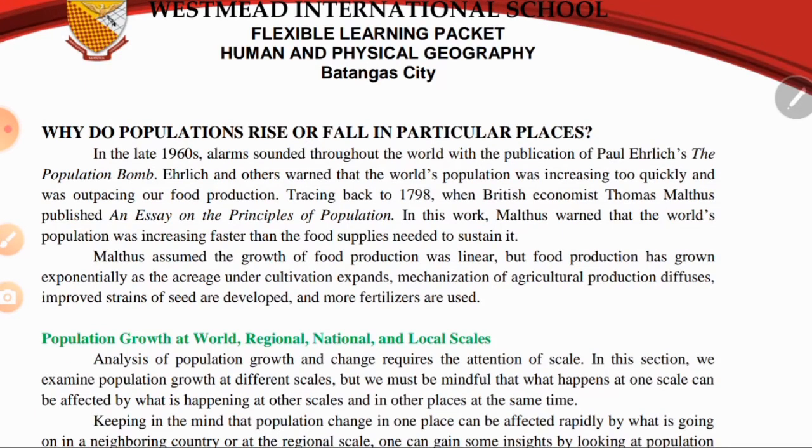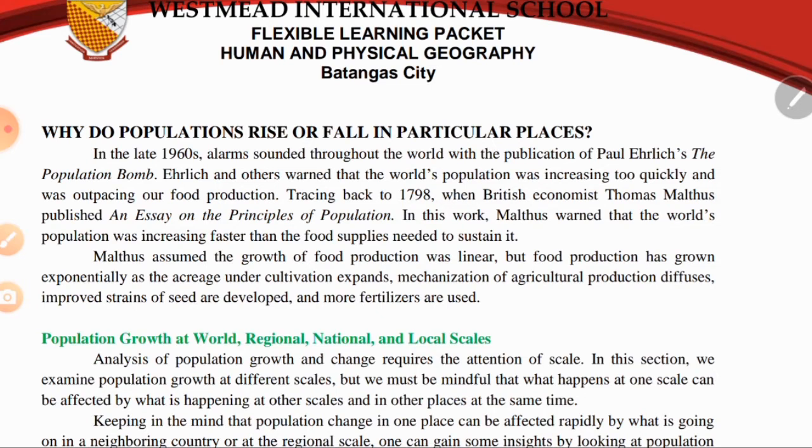Then why do populations rise or fall in particular areas? In the late 1960s, alarms sounded throughout the world with the publication of Paul Ehrlich's The Population Bomb. He and his colleagues warned the world's population was increasing too quickly and was outpacing our food production.